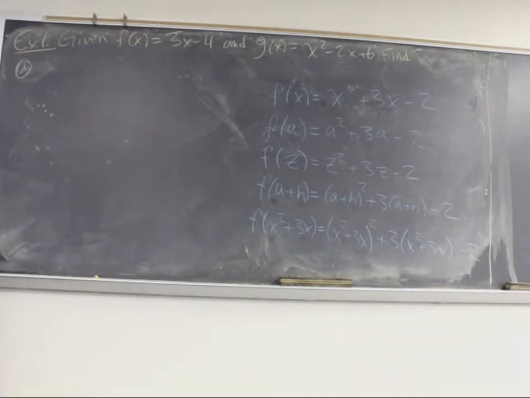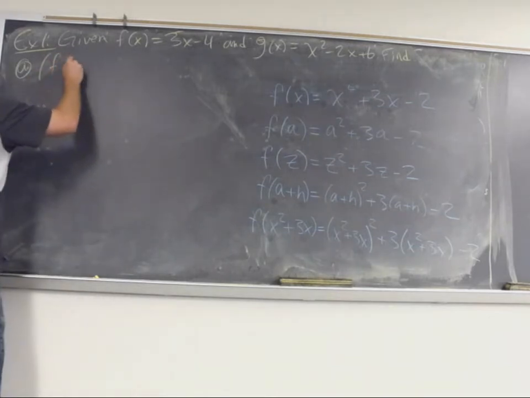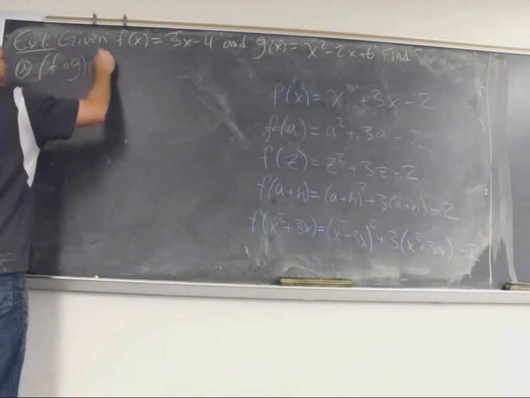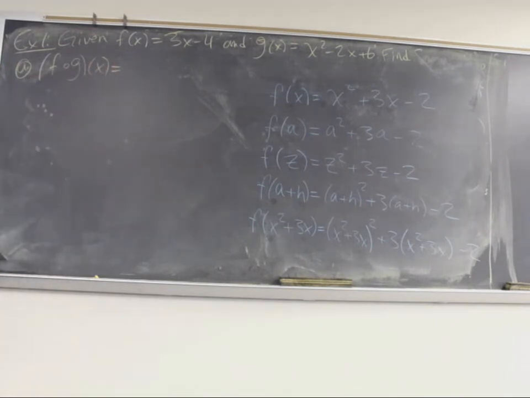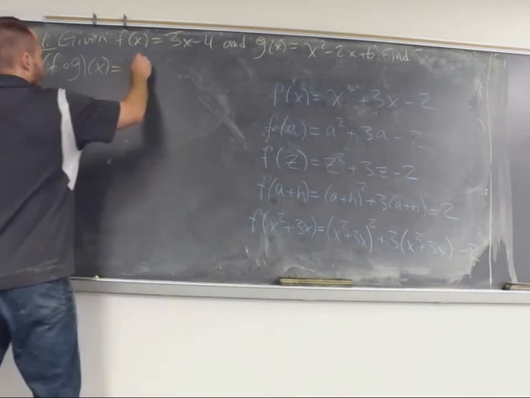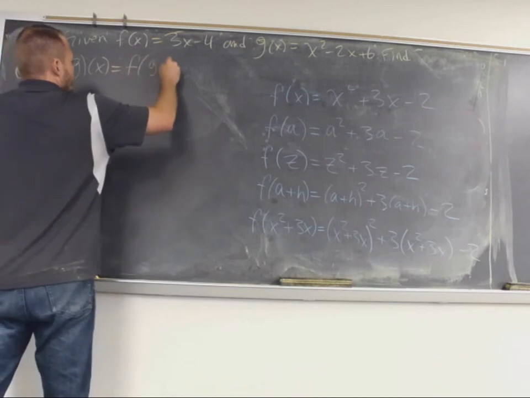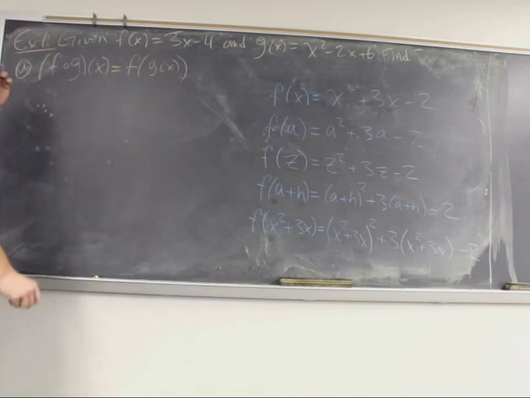Here's part A. I want to find f of g of x. All right, what's the first step here? Look back to the definition we just wrote. We said that f of g of x is equal to f of g of x. So that's some progress there.